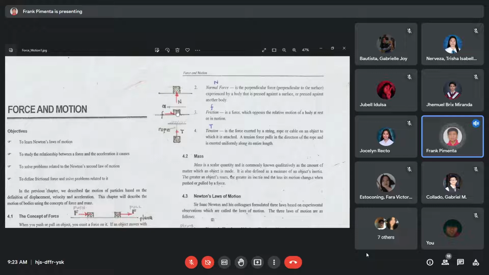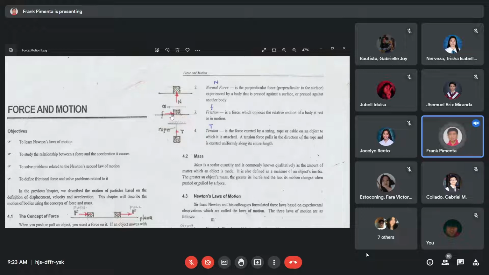Okay. Now, what causes friction? What is the cause of this friction? How is friction produced? Friction is produced by the interaction of the two surfaces.